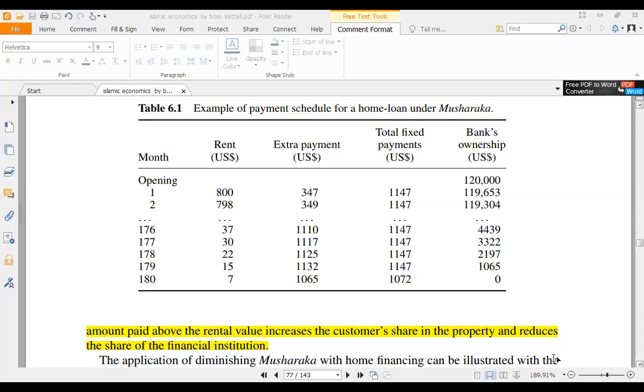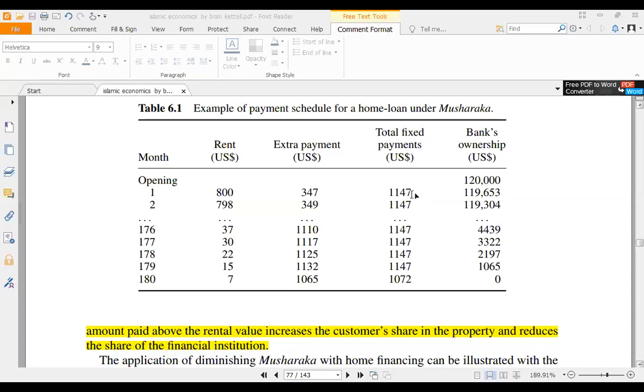Second condition, both agree upon the fixed payment, that is 1147 rupees.